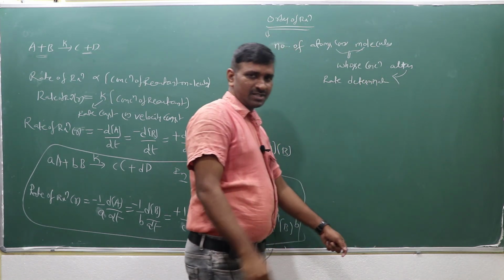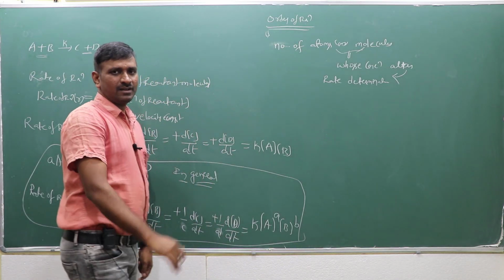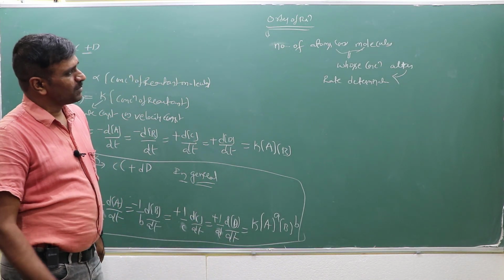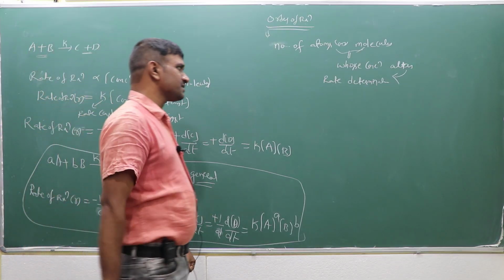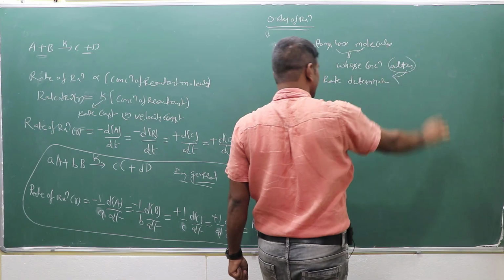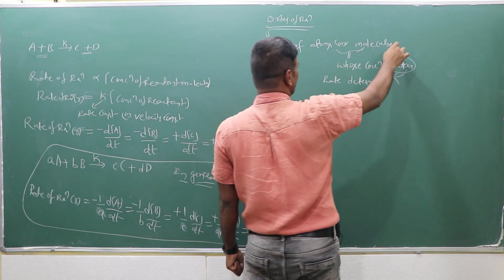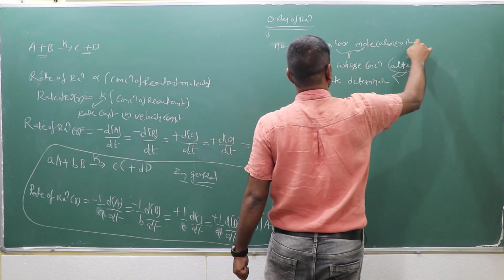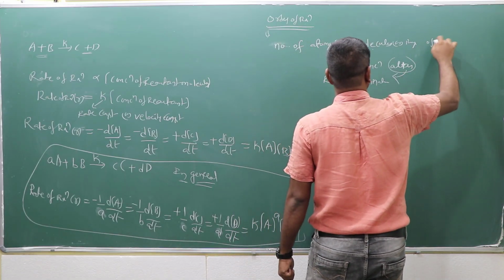During the rate determination process, the number of atoms or molecules or ions whose concentration is changed, these atoms or molecules or ions are reactant species.